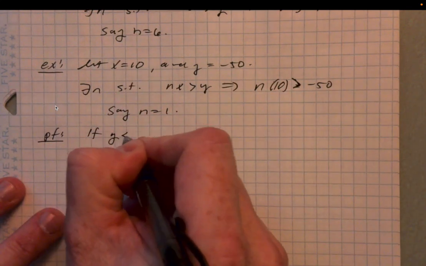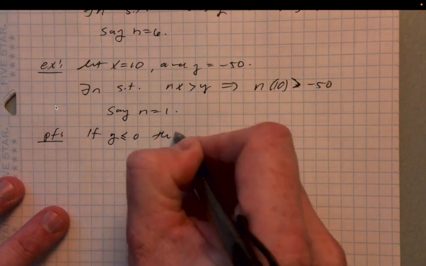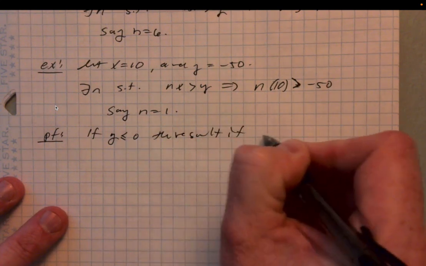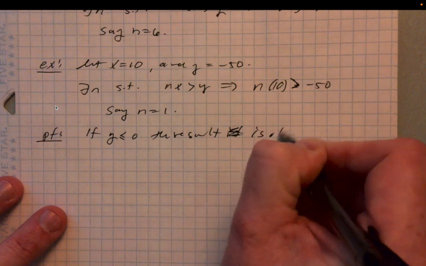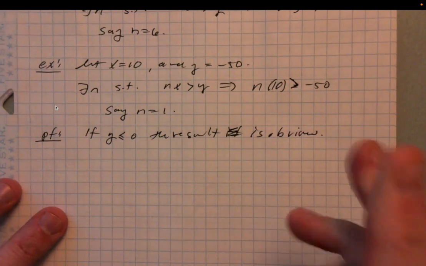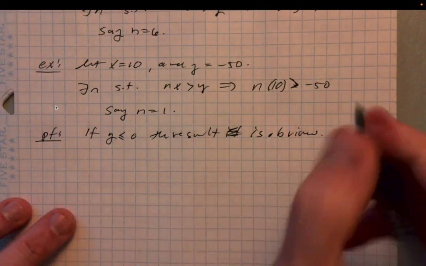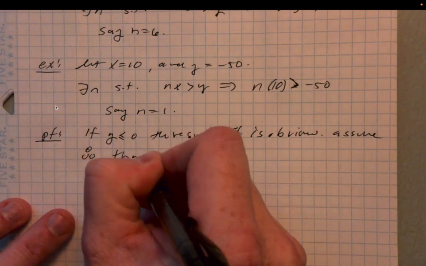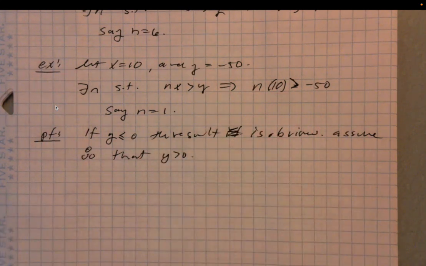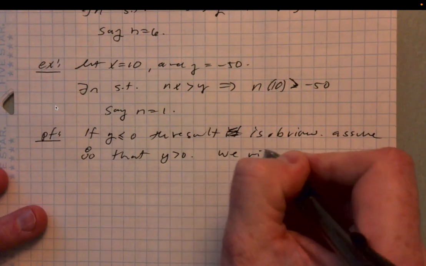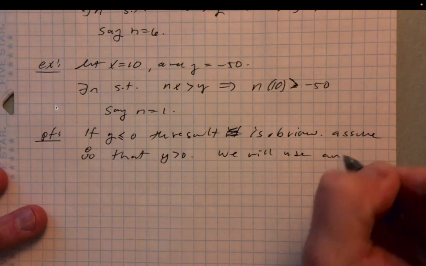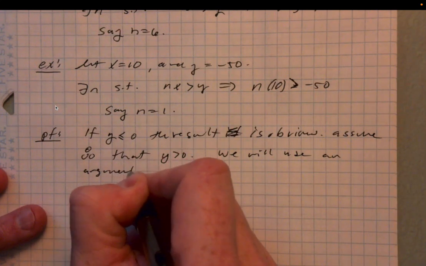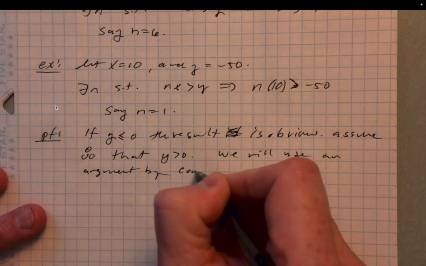So let's assume, therefore, that y is greater than 0. We'll use an argument by contradiction.